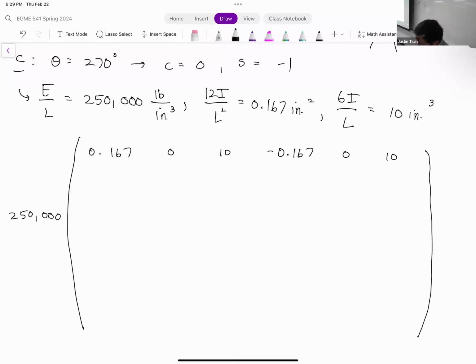Let's write those entries into the first column. So we have 0, 10, minus 0.167, 0, 10. Next row, we have a 10, 0, 0, minus 10, 0.